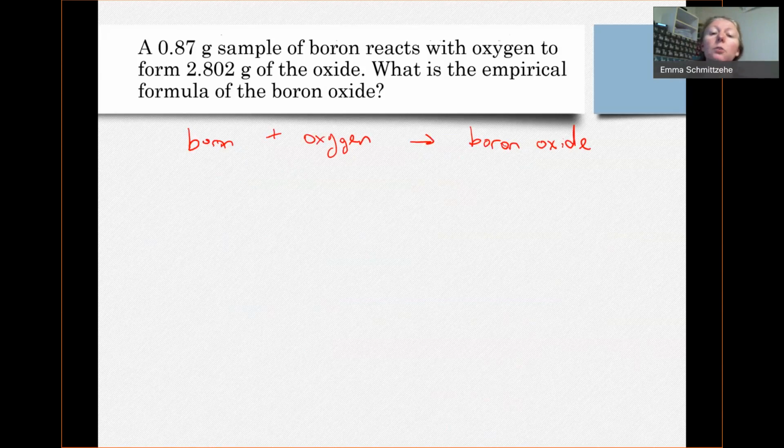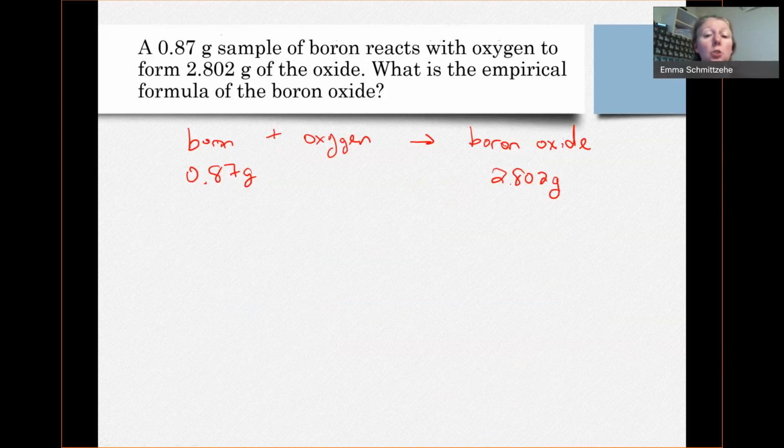And so from that, we know that we started with 0.87 grams of boron, and we produced 2.802 grams of the oxide.